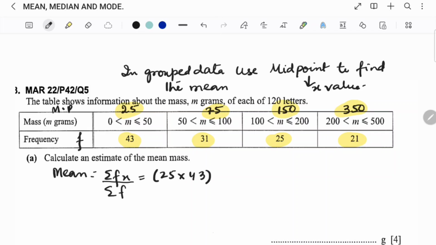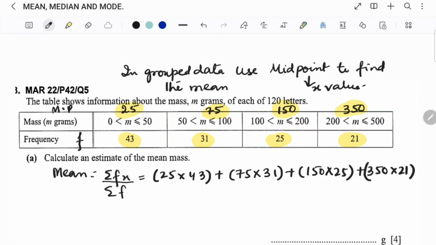Then the second one is 75 into 31. I have highlighted the numbers. Then you have 150 into 25. And the next number is 350 into 21.